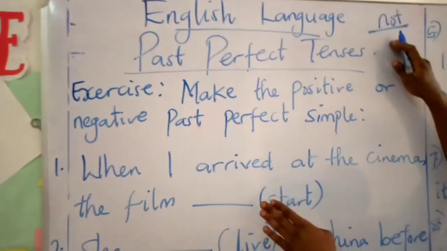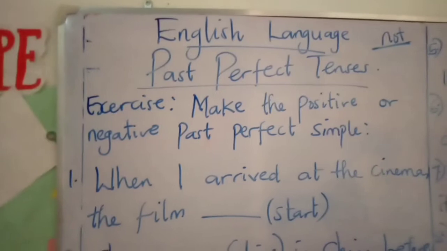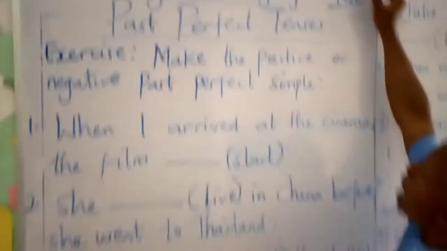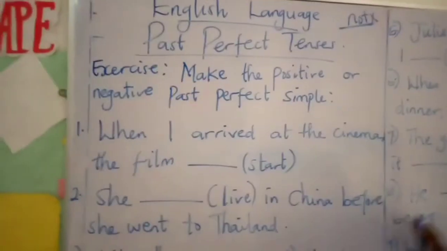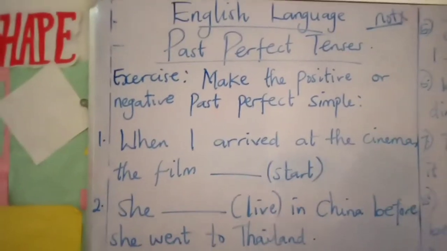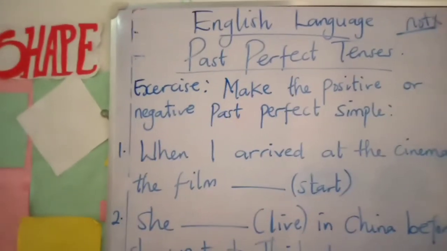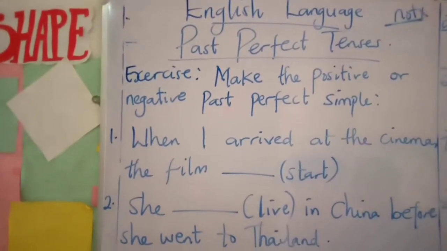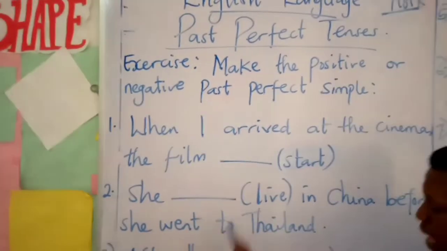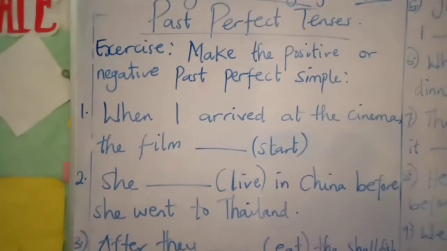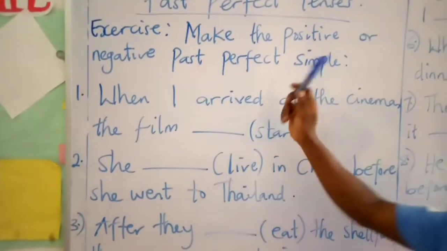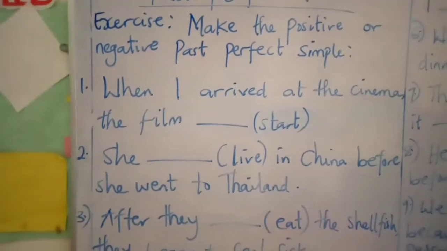But what we are focusing on for this session is without not. So that's why these sentences on the board are positive sentences. So we are going to be filling in all the blanks with the correct past perfect tense form.